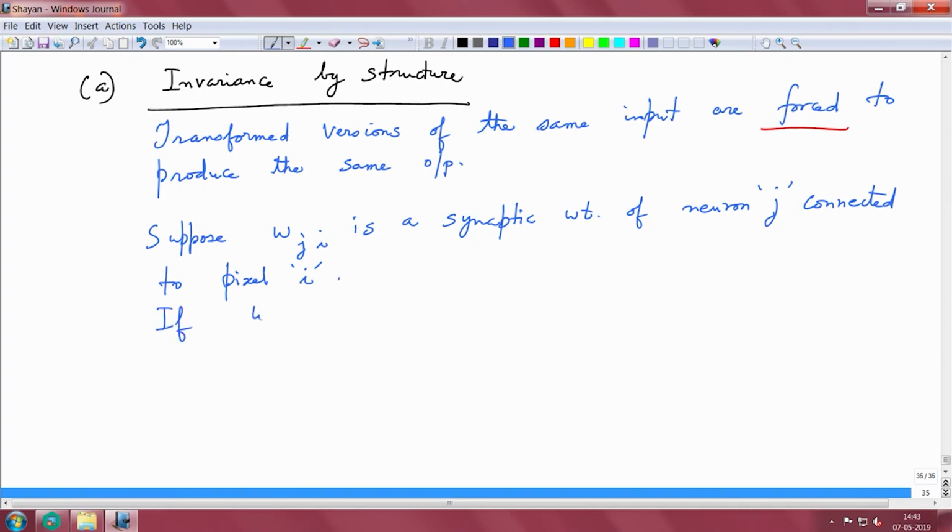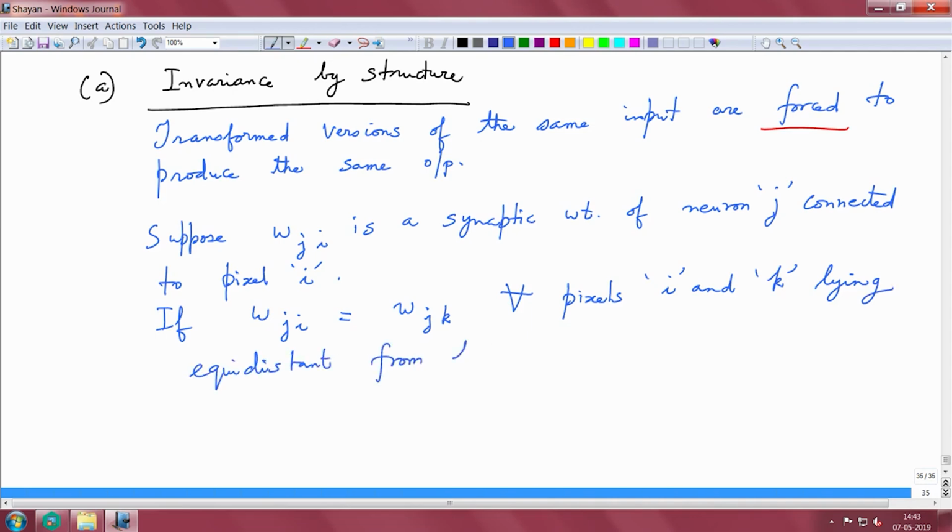If Wji is equal to Wjk for all pixels i and k lying equidistant from the center of the image, we are naturally forcing rotational invariance within the design of the network.